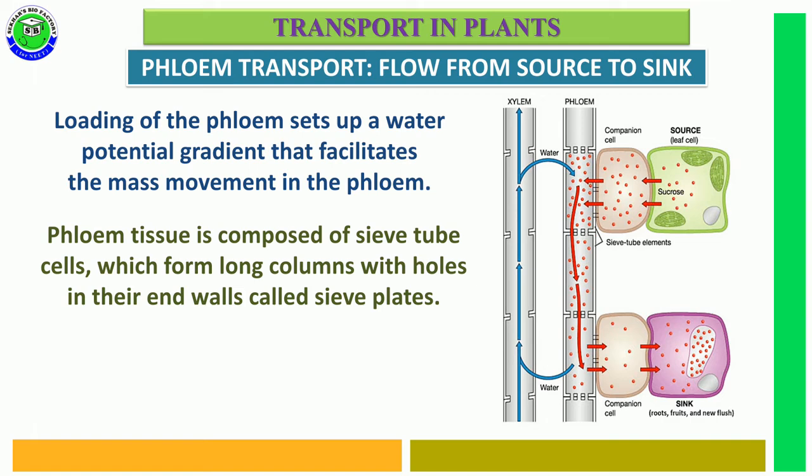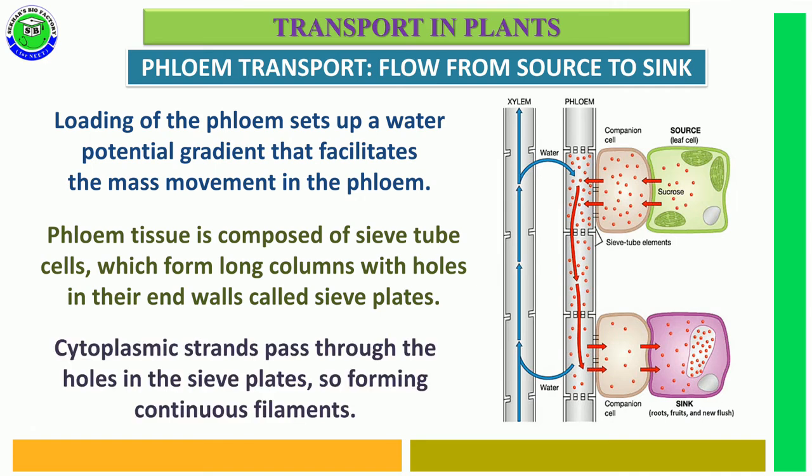The phloem tissue is composed of sieve tube cells. These are arranged one above the other in the form of a long column with minute holes in their end walls called sieve plates, and these sieve pores are helpful for the transportation of sucrose through them.